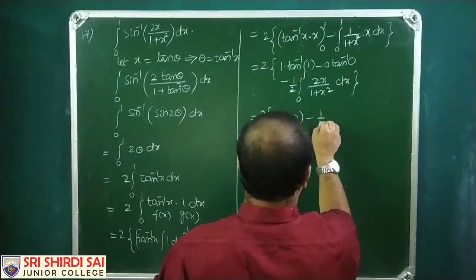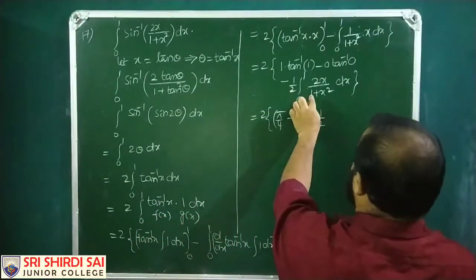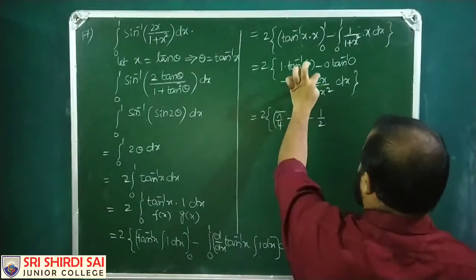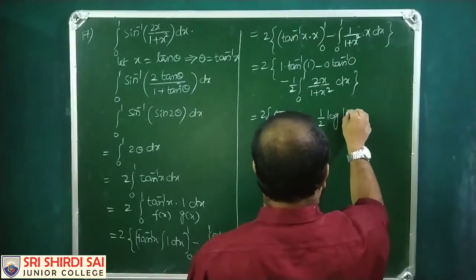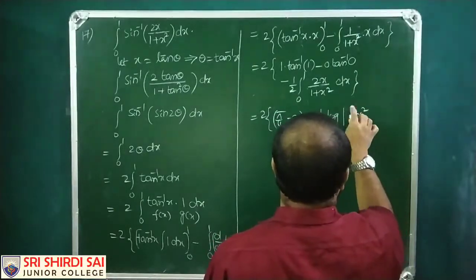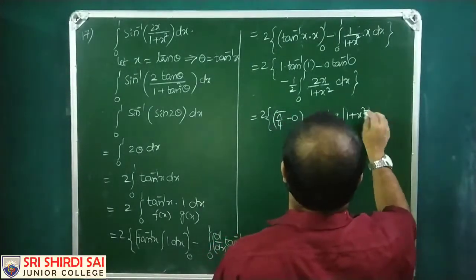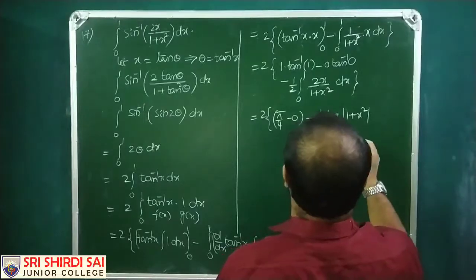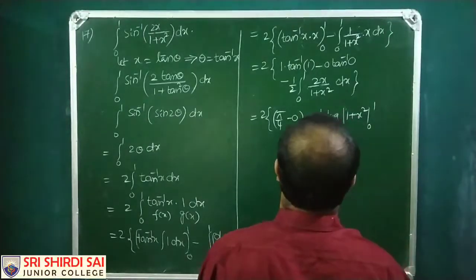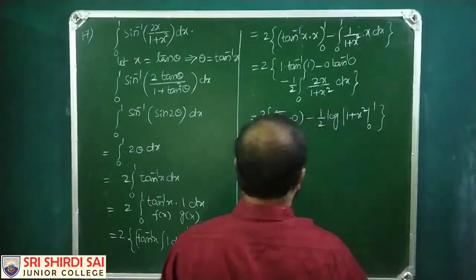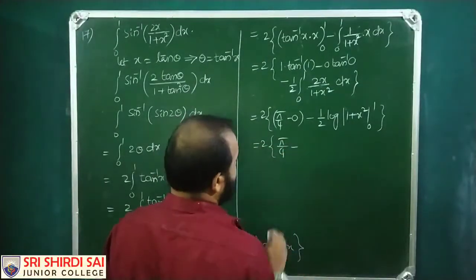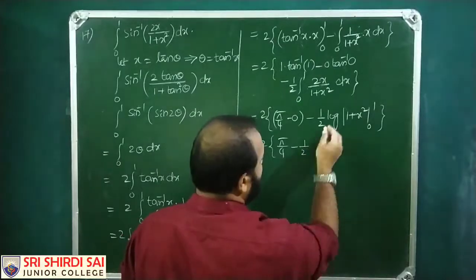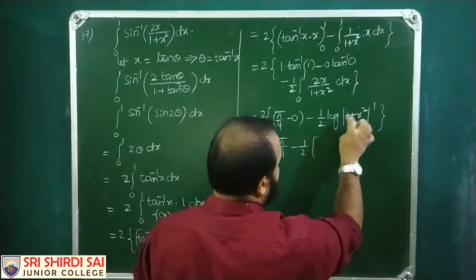Minus 1 by 2. So the derivative of 1 plus x square is 2x, so f dash x by f of x gives log f of x, so log of 1 plus x square. The process of integration is over, so 0 to 1 are to be written here, and this is a closed bracket. So 2 into pi by 4 minus 1 by 2. Now apply the upper limit minus lower limit.